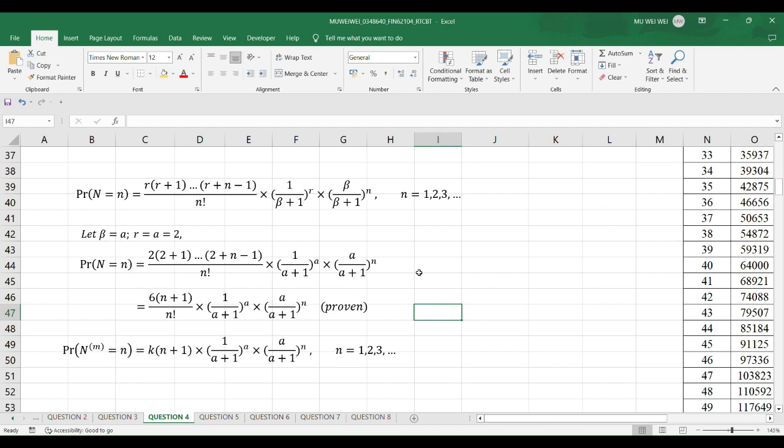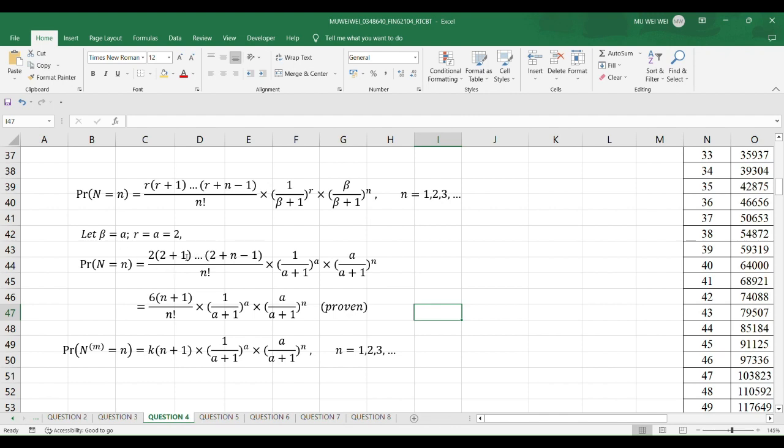By comparing the PMF of the (a, b, 0) class and the zero-modified negative binomial distribution, we can see that the probability of N equals n is actually very similar. So for the (a, b, 0) class, the probability of N equals n is r times (r plus 1) times until (r plus n minus 1), divided by n factorial, times (1 over beta plus 1) to the power of r, times (beta over beta plus 1) to the power of n.